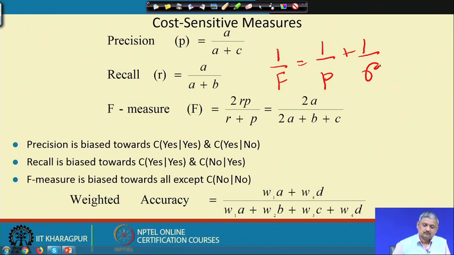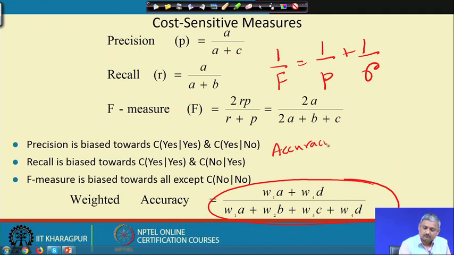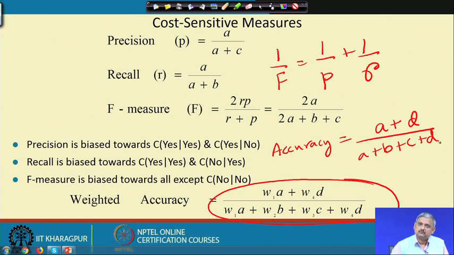In general, you can have a weighted accuracy. Remember the cost matrix where I have weights as costs. If W1, W2 and all these are equal to 1, you get accuracy.